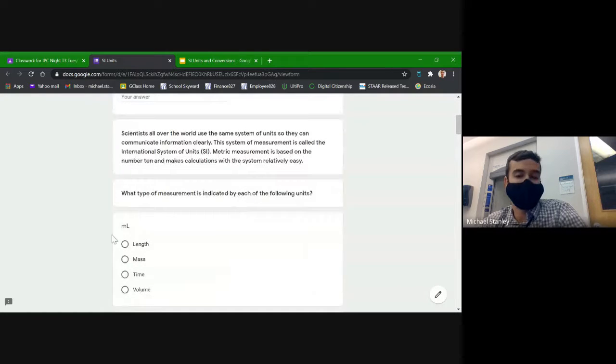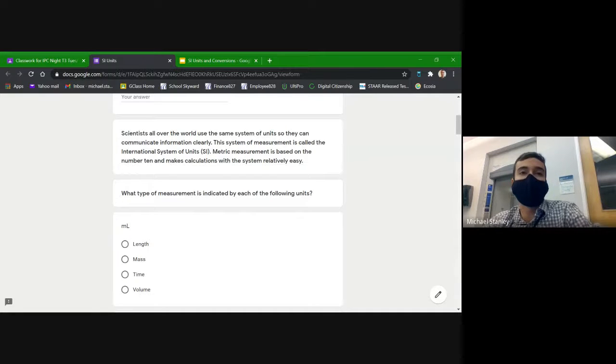The first one is I give you the abbreviation for the unit, and I want you to tell me, does this refer to a unit of length, a unit of mass, a unit of time, which we didn't really talk about in the notes today, but that's because time works the same all over the world with S for seconds, min for minutes, and H or HR for hours.